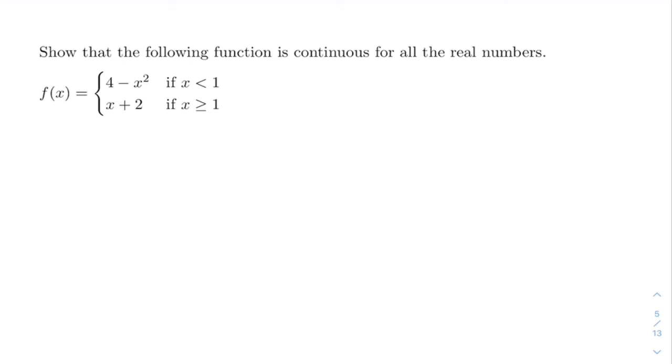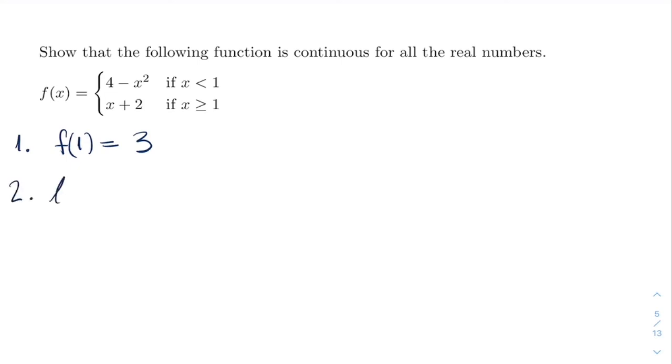To see this, we have to check all three properties. So the first one is we need to see what is f of 1. Well, notice that 1 is included in the second part of the definition of the function. So f of 1 is 1 plus 2, which is equal to 3.